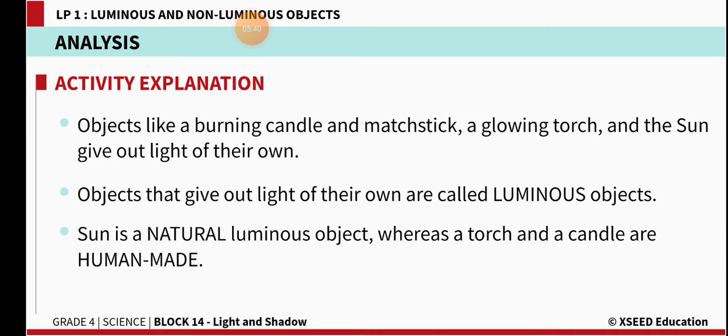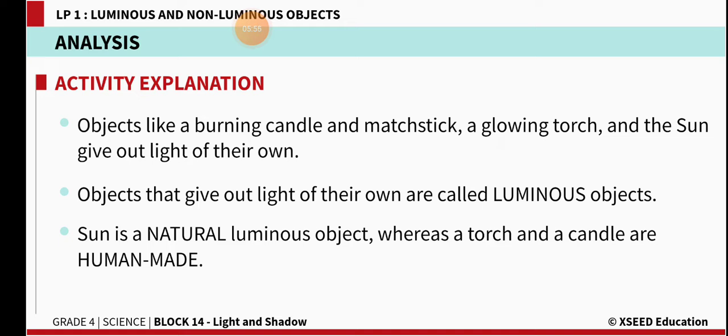So the objects like a burning candle and matchstick, a glowing torch and the sun give out light of their own. Objects that give out light of their own are known as luminous objects.